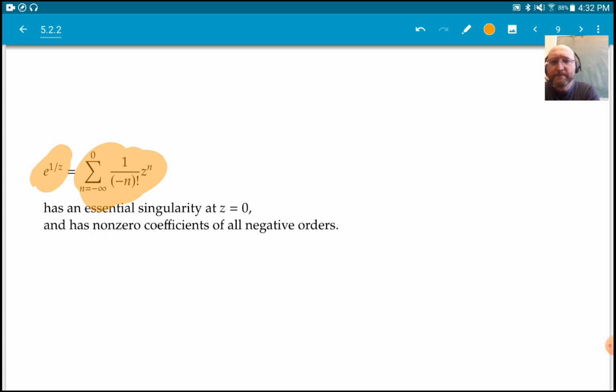We saw that. In this series, all of the negative orders have non-zero coefficients, so particularly infinitely many. And that's actually something that happens. These examples are basically showing how essentially all singularities work with respect to the Laurent series.